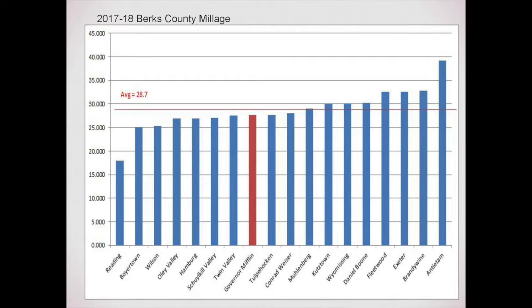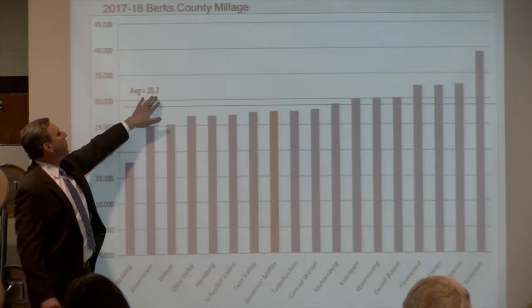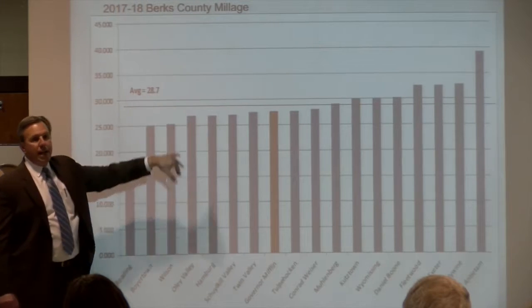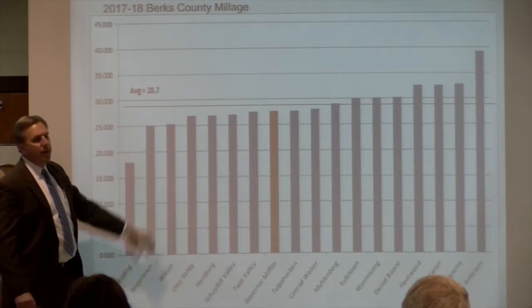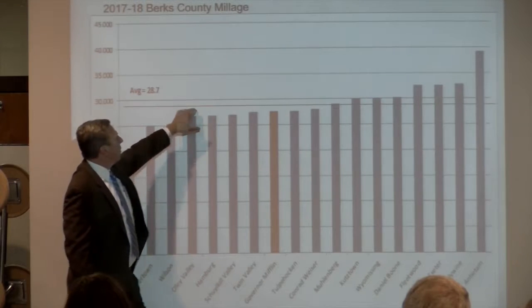So, the question about comparison to affluent areas. These are all 18 Berks County school districts in regard to millage from 17-18, because we're still in the budget process and things haven't been finalized yet for every school district's millage. The average millage for this current school year is 28.7. We're at 27.6, so we are below the average line.